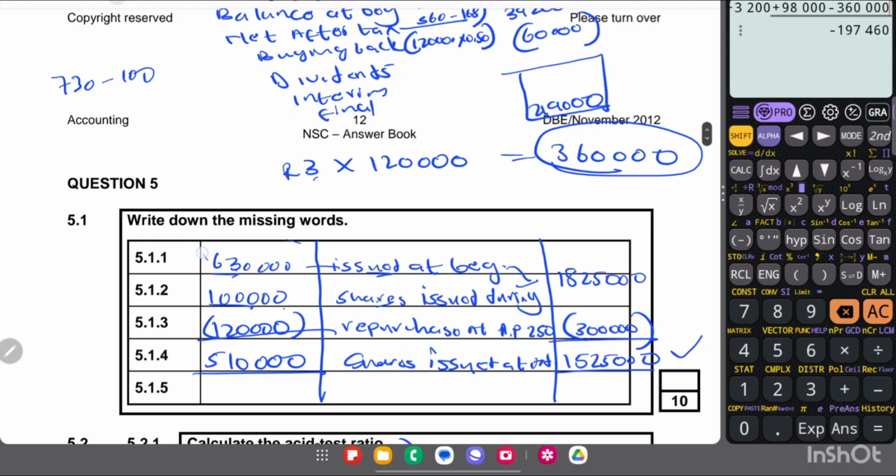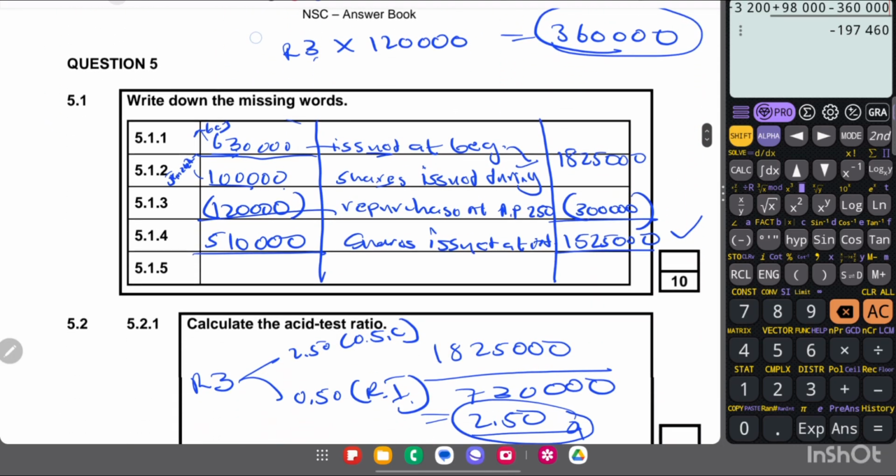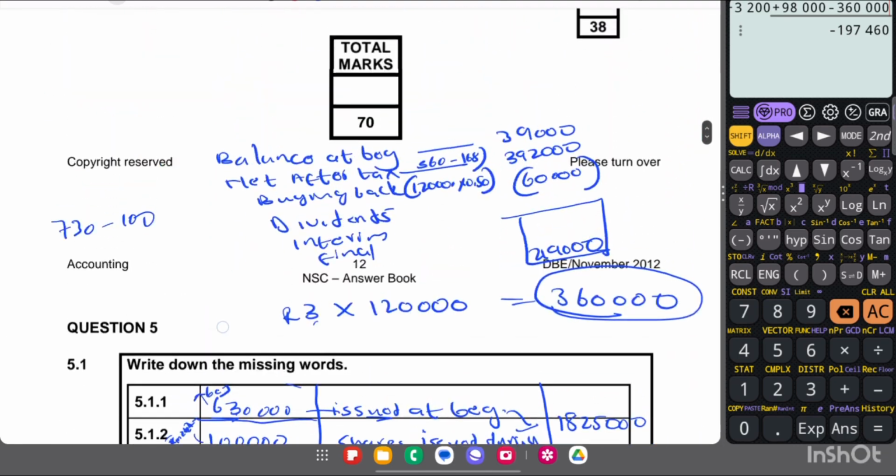Remember, this one is at the beginning, but this one is during January 2012. So it means that, guys, by the time we were paying the interim dividends, we had 630,000 shares. Then we go back now to our retained income.